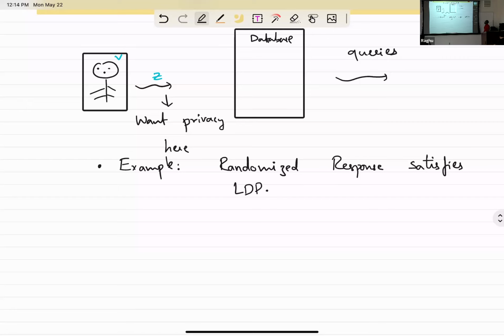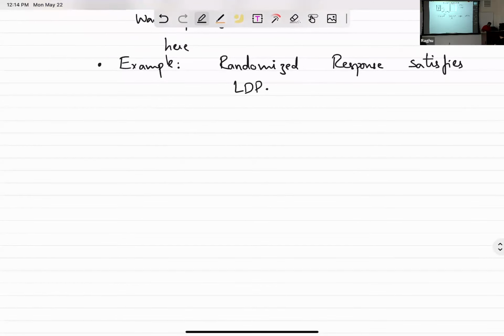Okay. And practically, in fact, local differential privacy is the one that gets used in some applications. Like for instance, Apple, when it collects data about which emoji icons are the most used, does a variant of randomized response.